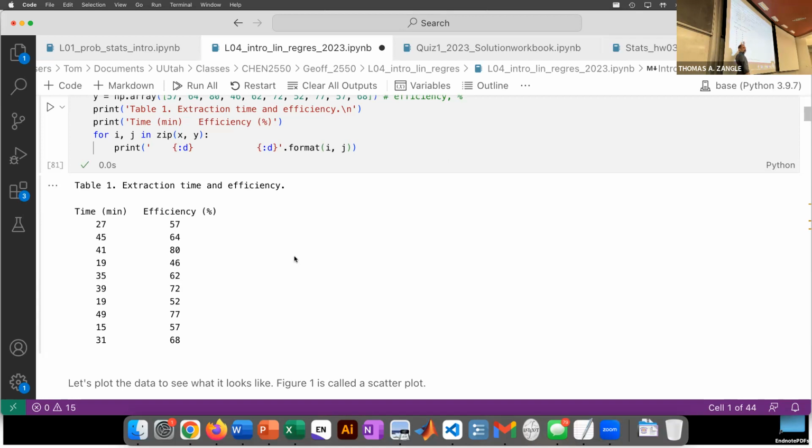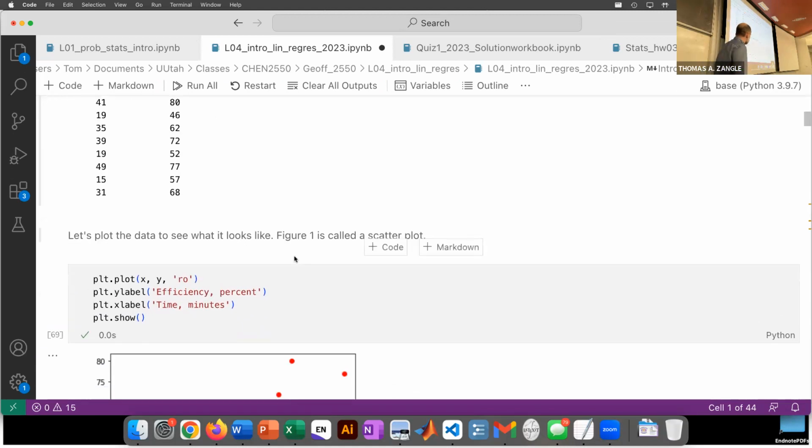So one of the things we'll be able to do with this linear regression is actually incorporate all of this data to get a better understanding of what we actually expect on average at this 35-minute time interval. Does that make sense? So we're not going to get an answer that's exactly that, 62%.